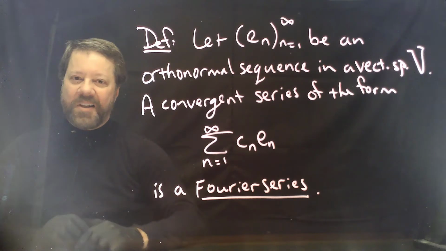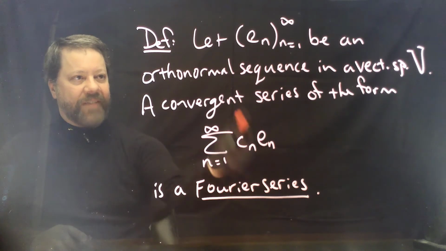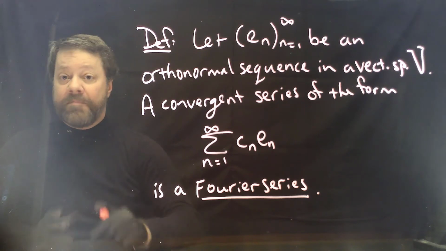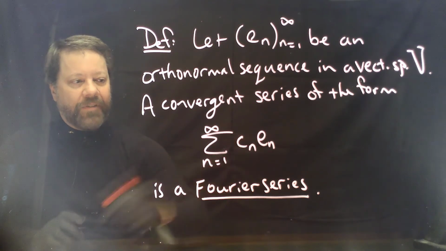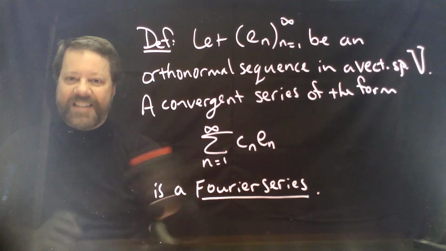So that's all it takes. You just have to have an infinite sequence of orthonormal vectors in some vector space. You can form a convergent series of this form. That's a Fourier series.